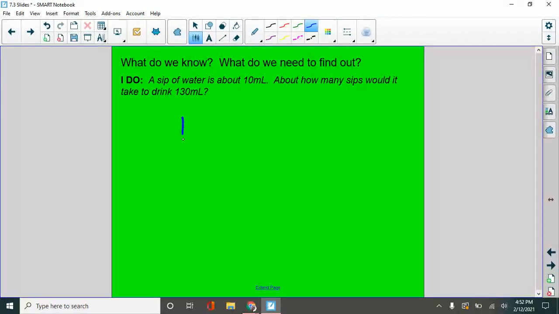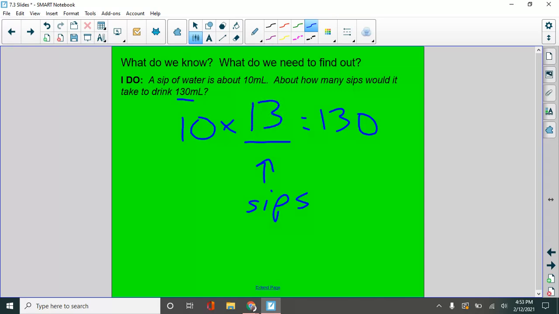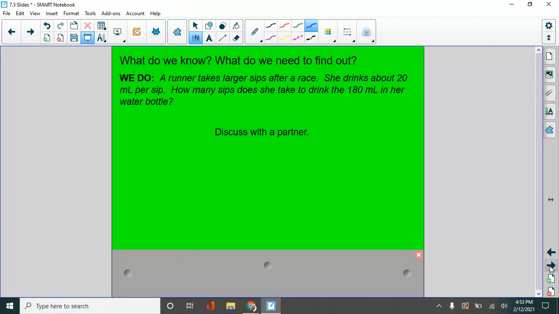I'm going to represent that with a multiplication problem: 10 times the number of sips will equal 130. Counting by tens, 10, 20, 30, 40, 50, 60, 70, 80, 90, 100, then 110, 120, 130. It takes 13 sips to drink 130 milliliters. See how we're doing that?